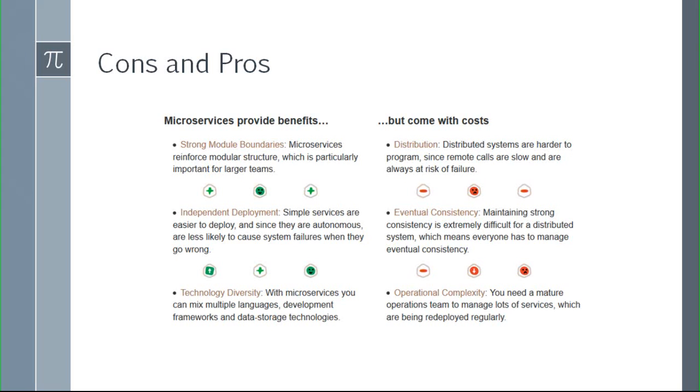So microservices reinforce modular structures. That is a very important issue for large teams.